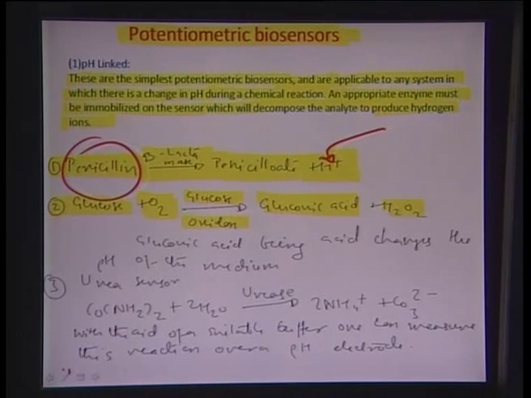Now gluconic acid, being an acid, would change the pH of the medium. So it would result in a decrease in the pH of the medium because of an increase in the hydrogen ion concentration, and therefore we can safely assume that the glucose concentration can be deciphered by looking at the pH, based on the formation of gluconic acid, okay.